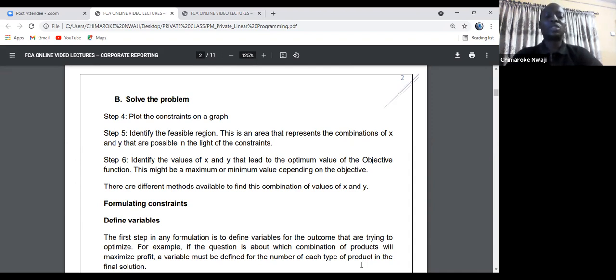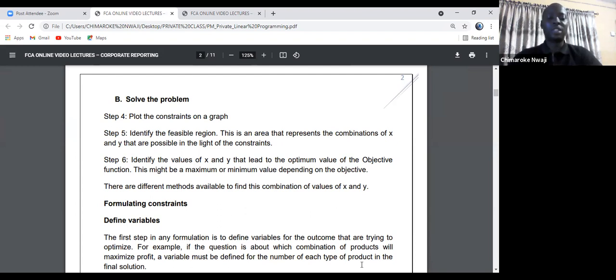And that means you will need to test the values of X and Y at different points in the feasible region. We will be seeing all of that. So first of all, let's go through the steps again and see how we can really apply them.